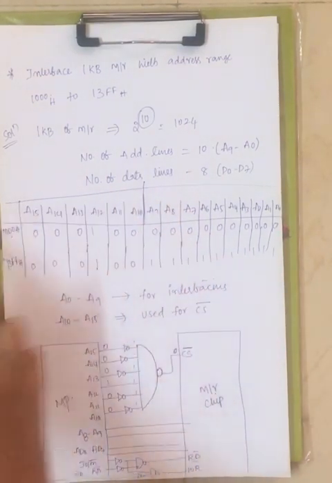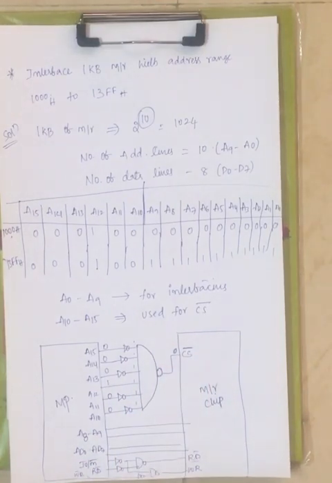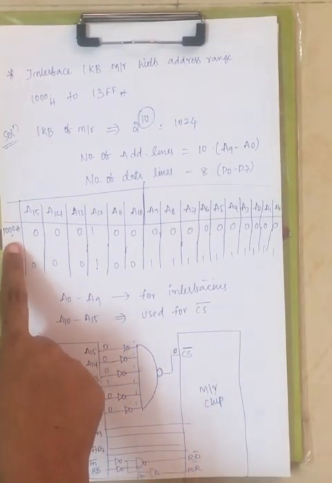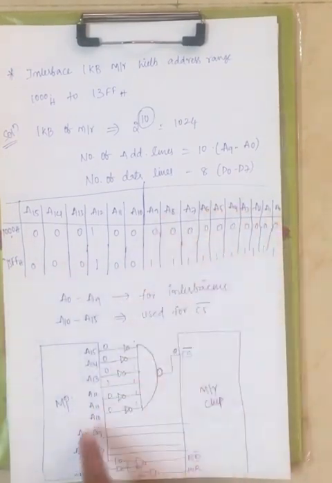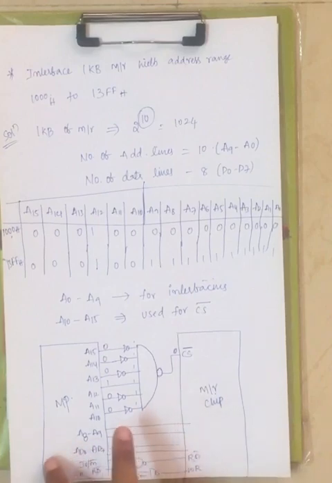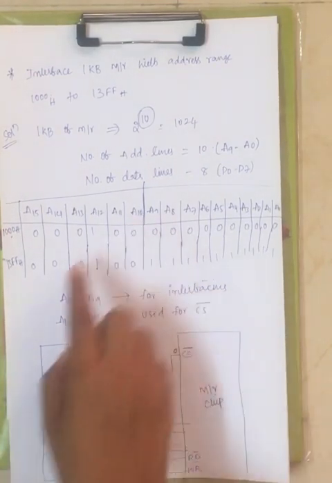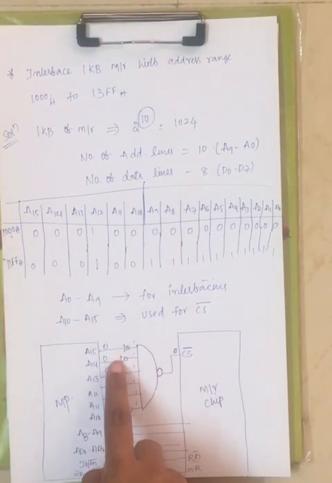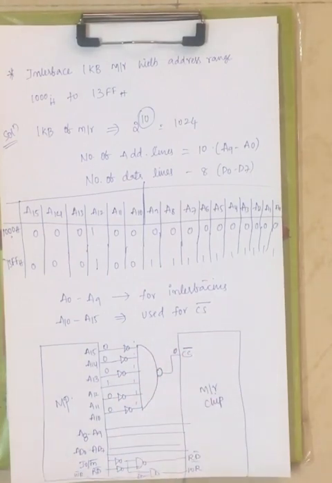Now the remaining address lines of the microprocessor are used for selecting the memory chip. You have to represent the addresses in 4-bit binary form. A0 to A9 carry the address between the microprocessor and the memory chip, and A10 to A15, whether logic 0 or 1, should be inverted where needed, NAND gated and connected to CS bar.